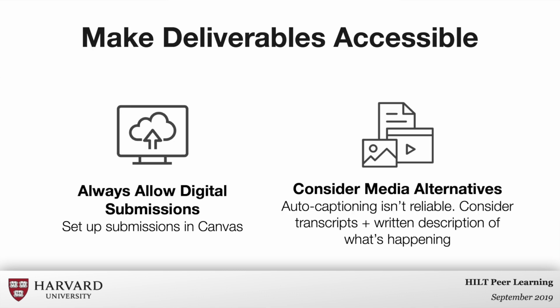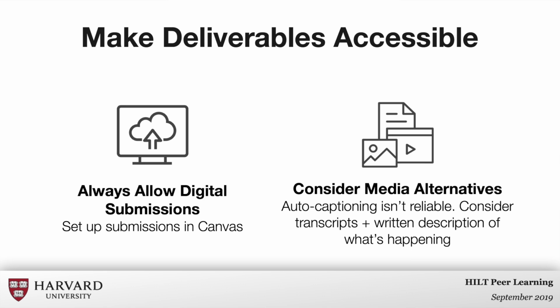Another thing for these semester-long group projects is that at the end, or sometimes throughout, there are shared deliverables. And the important thing there is that students should be able to collaborate, review each other's work, and comment on each other's work, and that's always so much easier if there is a digital copy. So we suggest that you always have some sort of digital submission.